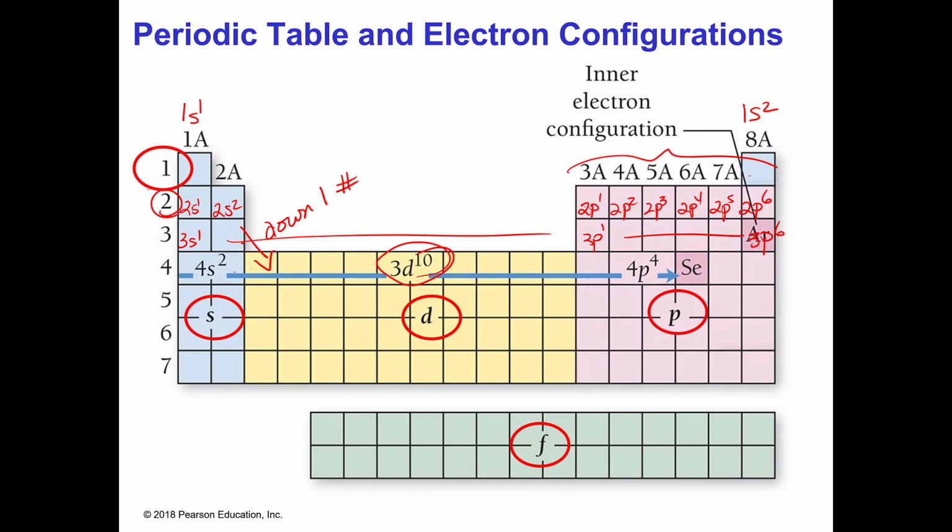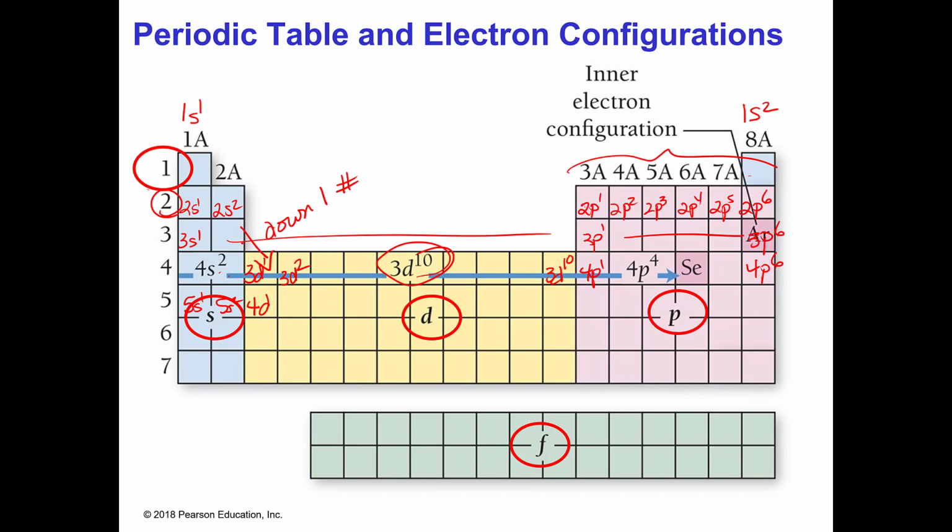So that's 4s1, 4s2, 3d1, 3d2, etc. to 3d10. And then you're back to 4p1 to 4p6. And then 5s1, 5s2, 4d, right?